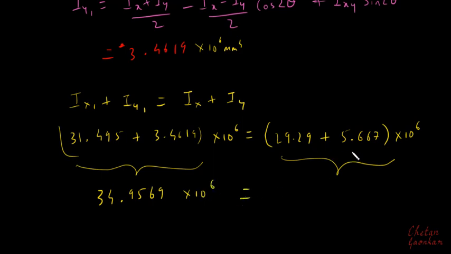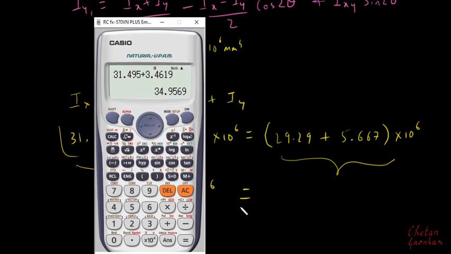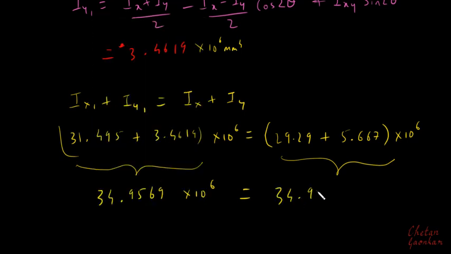Now let us check what we get on the other side. 29.29 plus 5.667 is equal to 34.957, multiplied by 10 to the power 6.